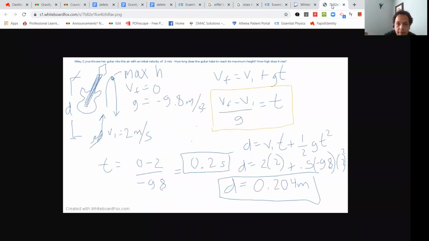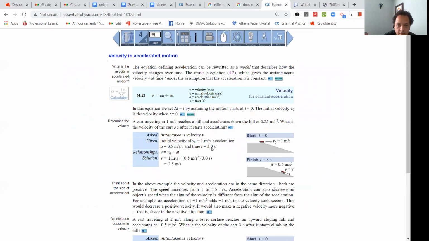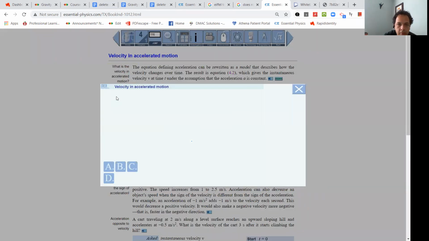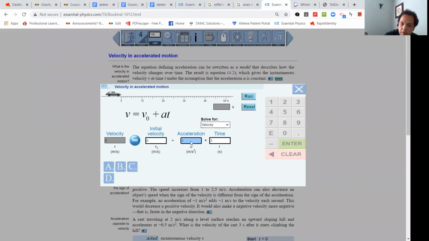Yeah, 49. So negative 9.8 and initial velocity of 49. So at time equals 0, what do we get? 49. Okay, good.